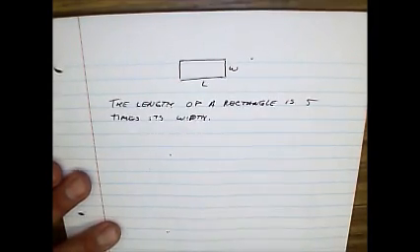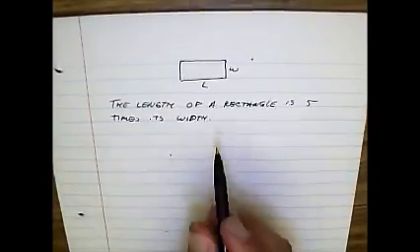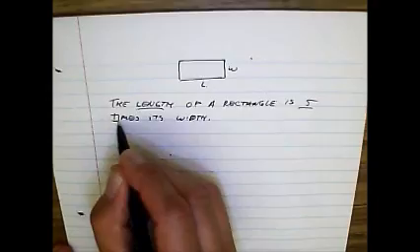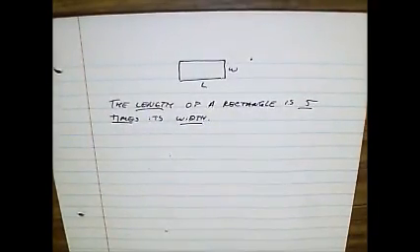Now, can we come up with an equation that would work with this? Let's think about that. The length of a rectangle is 5 times its width. Why don't you play around with these words and these numbers. You're going to need a couple of variables, maybe L and what? W, right? You know that we're multiplying something by 5, and you know that there's going to be an equal sign somewhere. So why don't we take all those pieces?